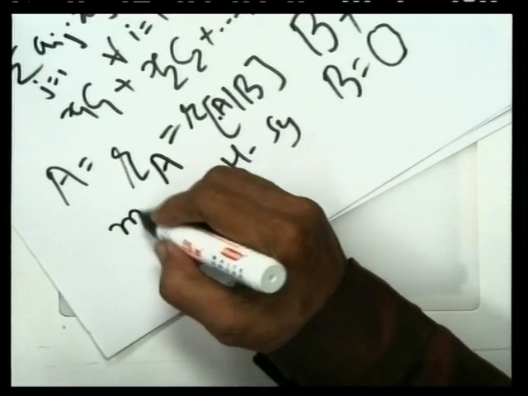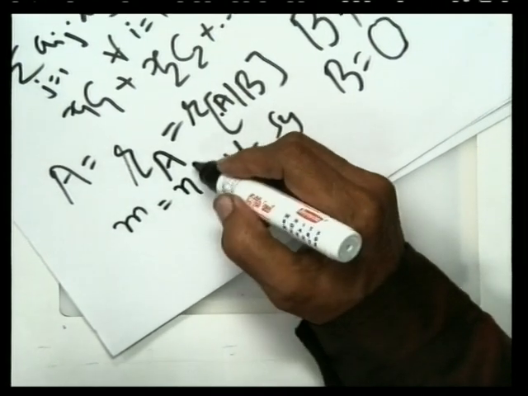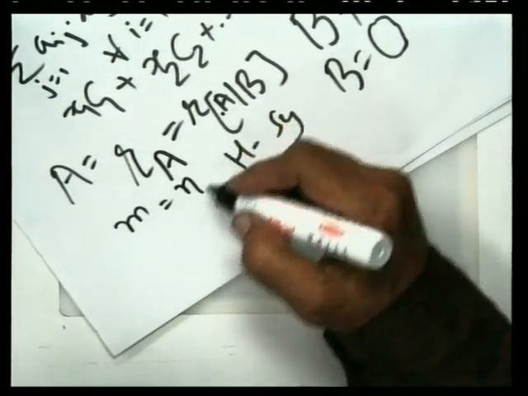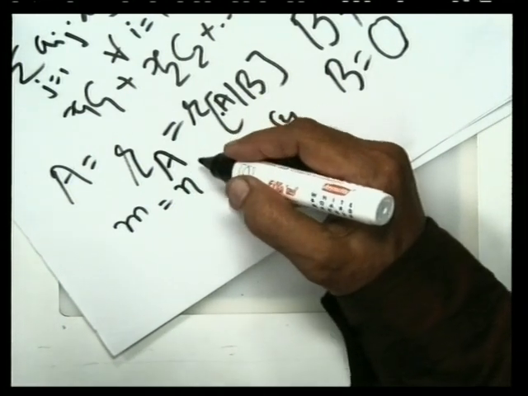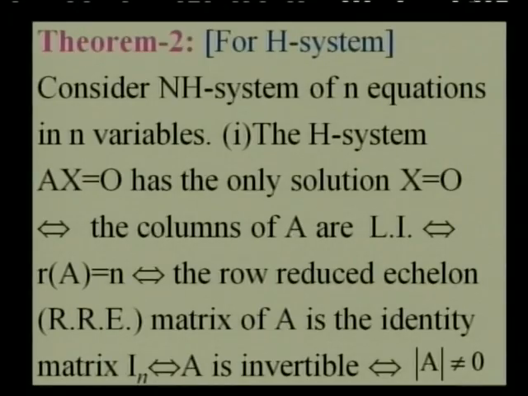Now onwards we'll take the number of rows m equal to the number of columns, that is, the number of equations equal to the number of variables. So now onwards A will be a square matrix. In that case, the H system, that is Ax equal to 0, has x equal to 0 as the only solution. That is also called the trivial solution.